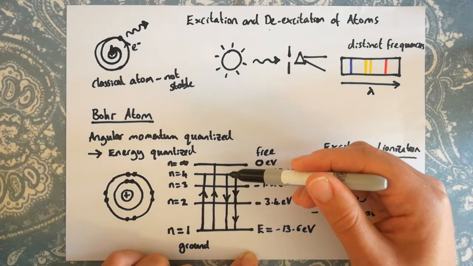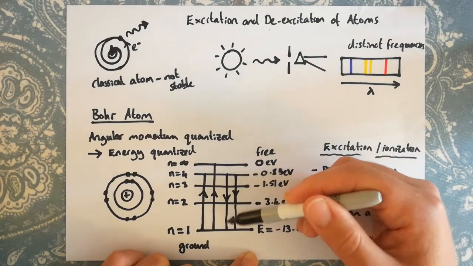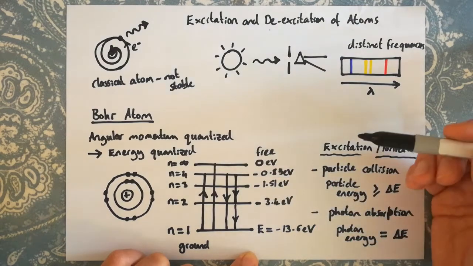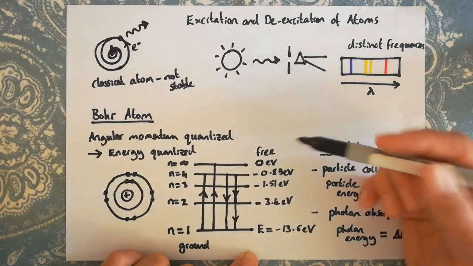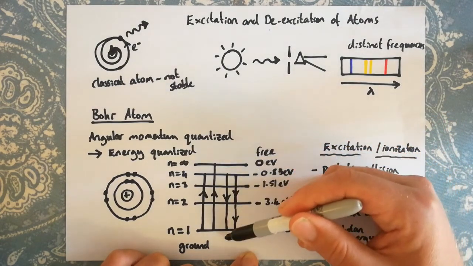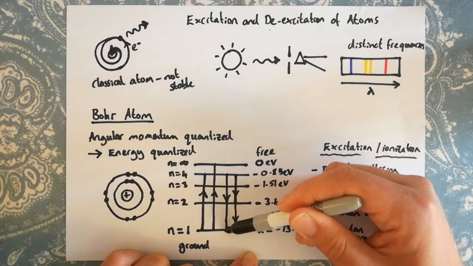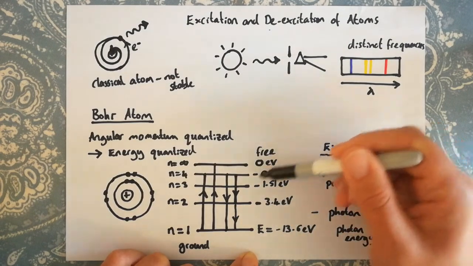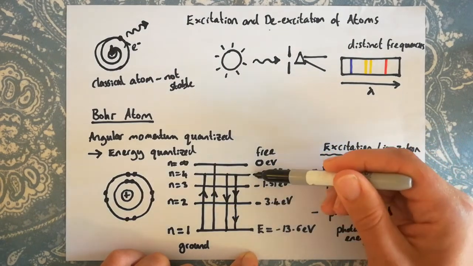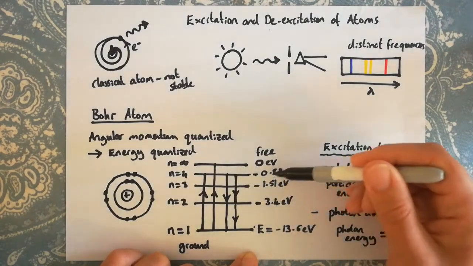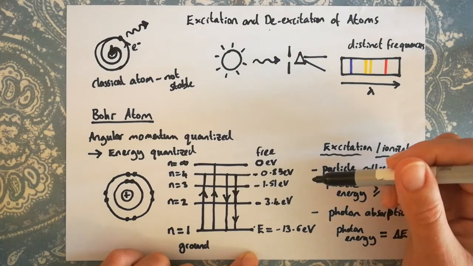So when the atom de-excites, when the electron drops back down, the energy is transferred back out of the atom as a photon. For each step it takes, it releases 1 photon. So if it does that in one jump, then it's going to release 1 photon, and the energy of that photon is going to be that same delta E, the difference between minus 13.6 and minus 0.85.